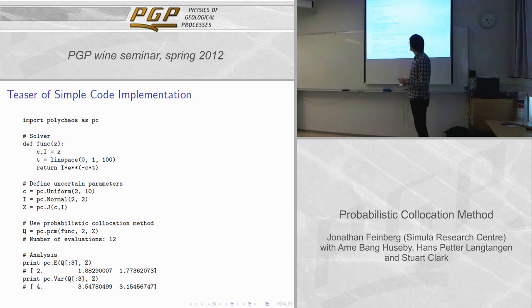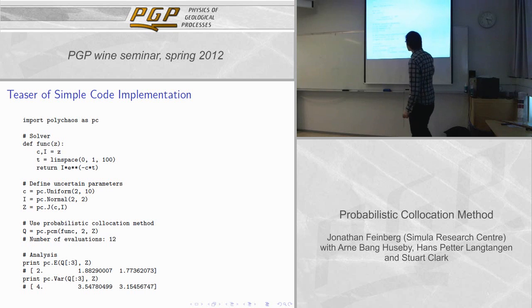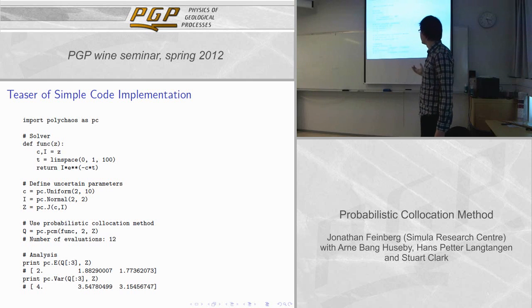I call the method called PCM, which is a part of the PC package, the polycal package. Define some parameter. I'm going into the detail of what that parameter should be later. And it says that it only took 12 evaluations. That means that it doesn't really require that many evaluations to get decent results, which is kind of the magic of this PCM method. That if your code is really slow, if it takes hours, if it takes days to evaluate one run with one set of parameters.